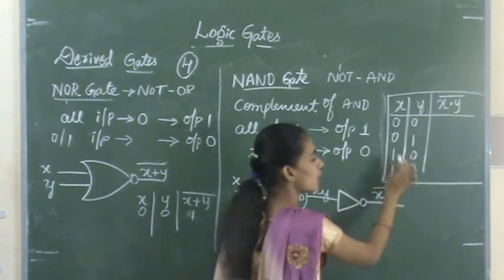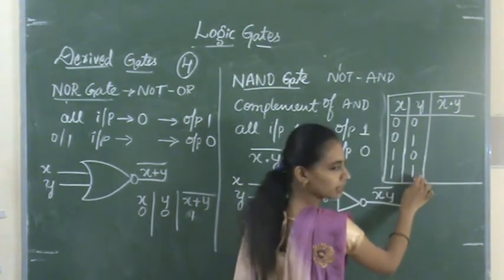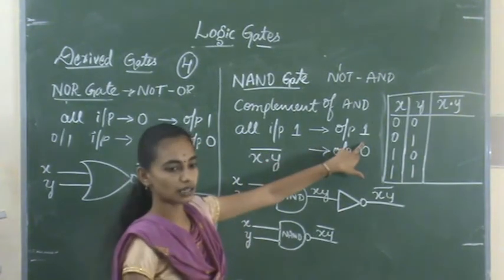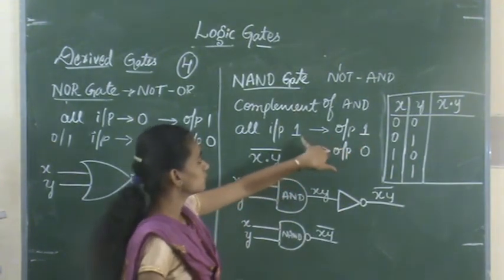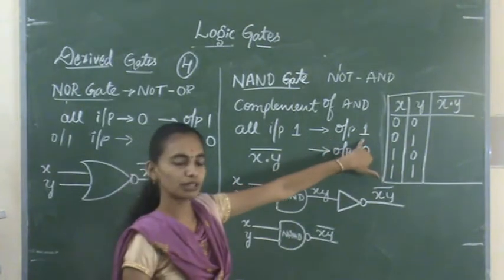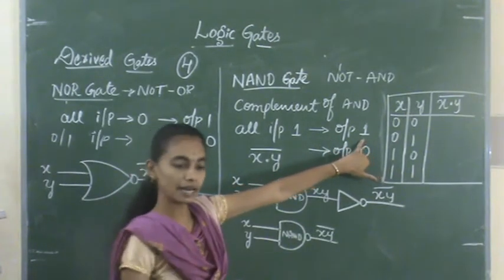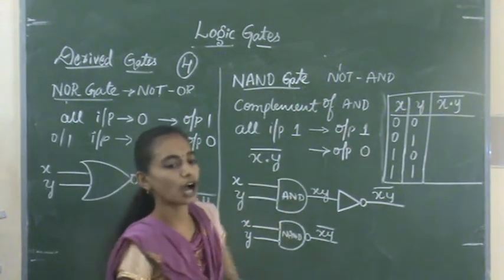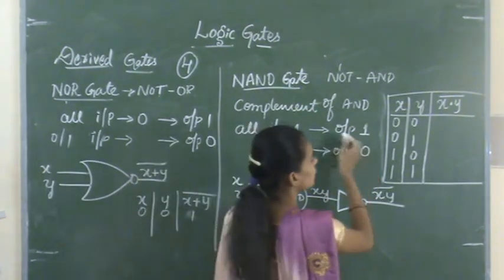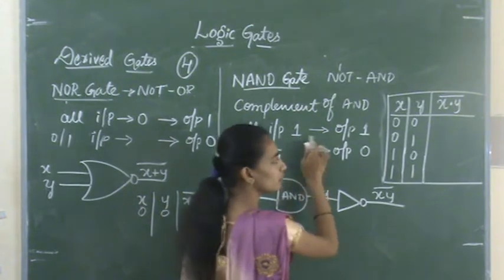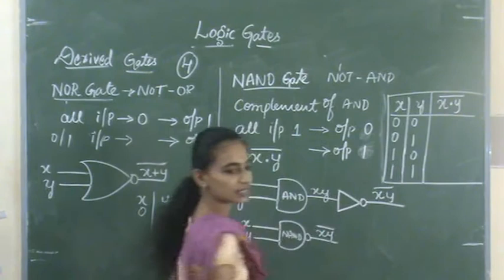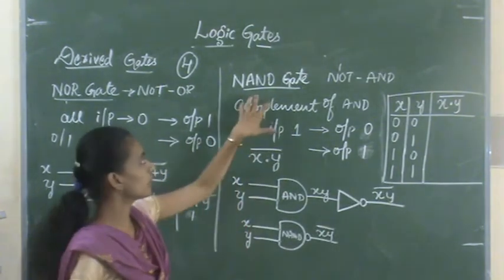If all the inputs are 1, then the output will be 1 for the AND gate. For the NAND gate, it is a complement, so if all the inputs are 1, the output will be 0. Otherwise, the output will be 1 for the NAND gate.